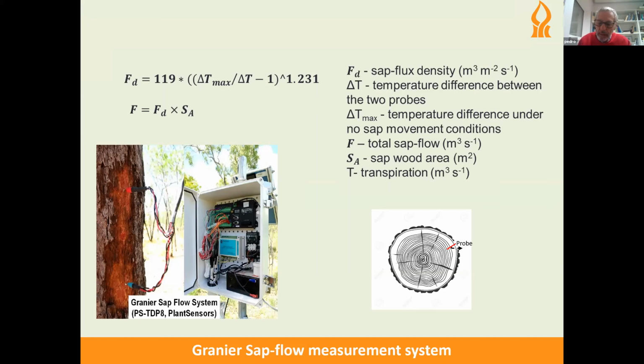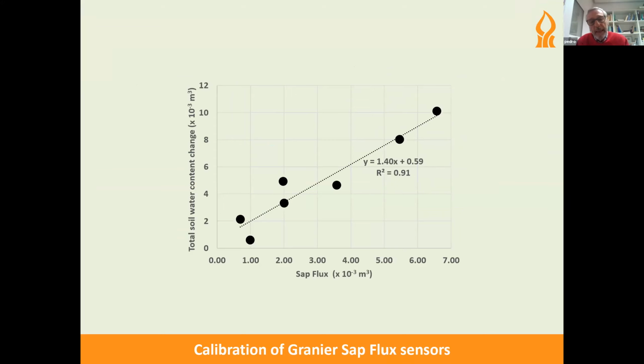So what we did is we actually estimated the transpiration from the evapotranspiration data when we could assume that there was no evaporation from the soil surface anymore. And we decided that there was no effective evaporation from the soil when during a period of between 30 and 40 days, there was no change in the water content of the uppermost soil layer.